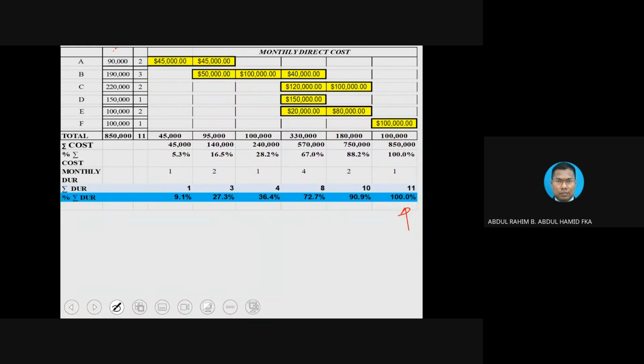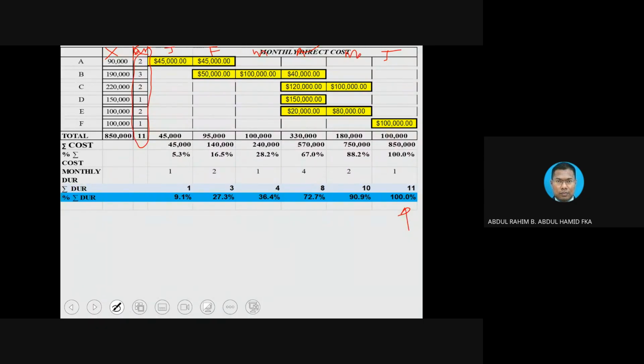Instead of using the cost dimension, now we are using the duration, this column, the duration dimension, and applying it to our bar chart. Remember, this is the same bar chart: January, February, March, April, May, June. The same bar chart. So how do we do that?